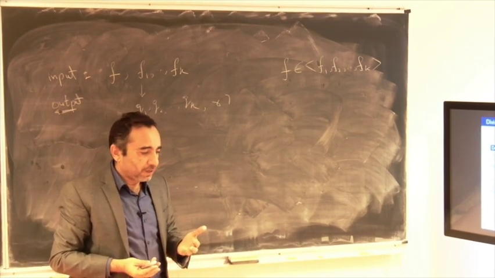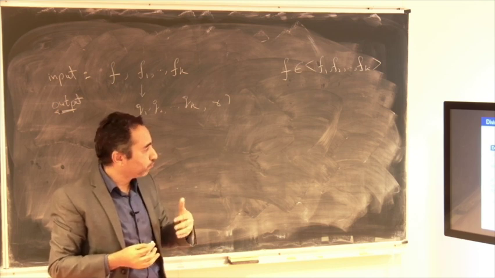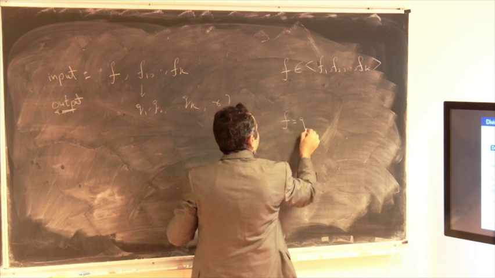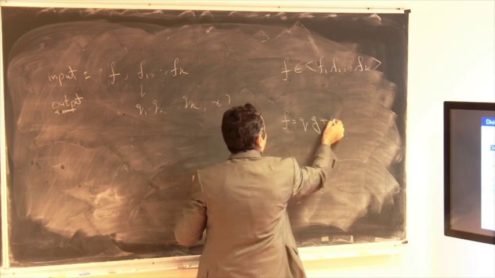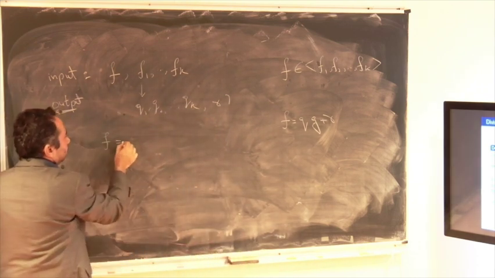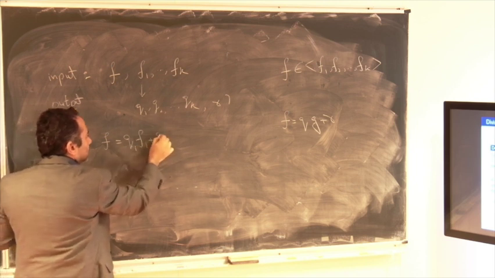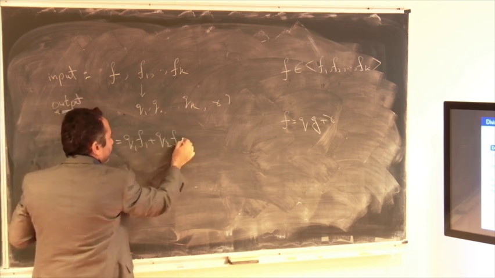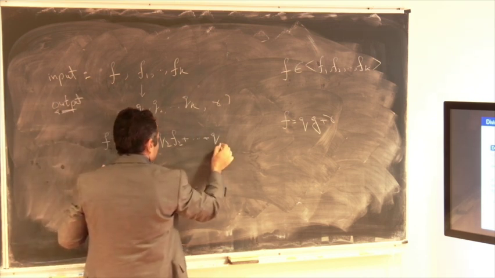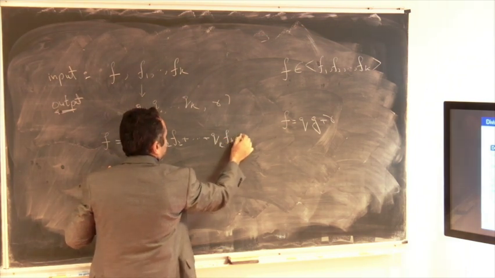So in this process, in the end, we will be able to find, like in the case of two polynomials where we were writing that f is equal to q times g plus r, but now in this case we will write f is equal to q1 f1 plus q2 f2 plus so on plus qk fk plus r.